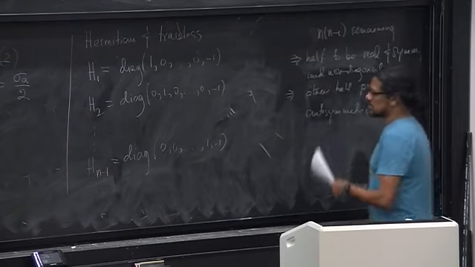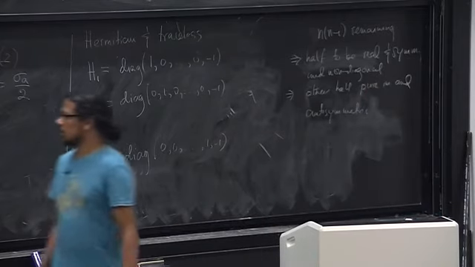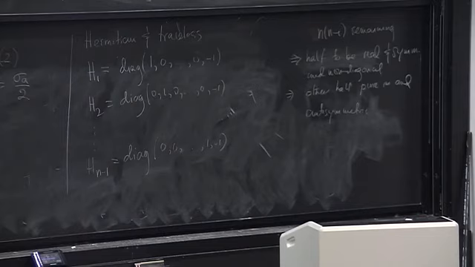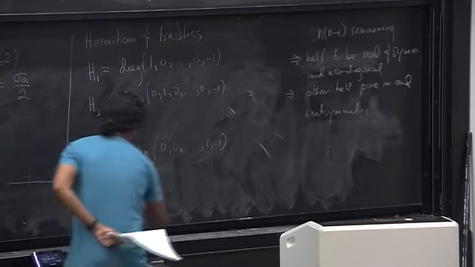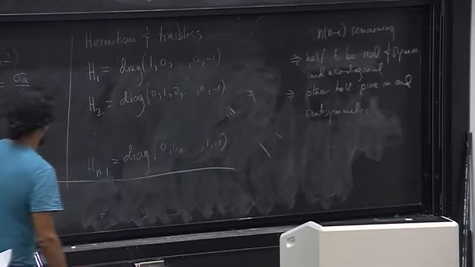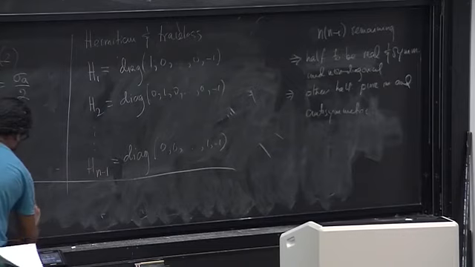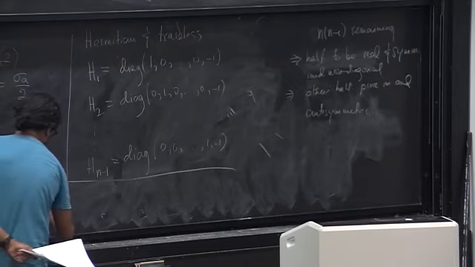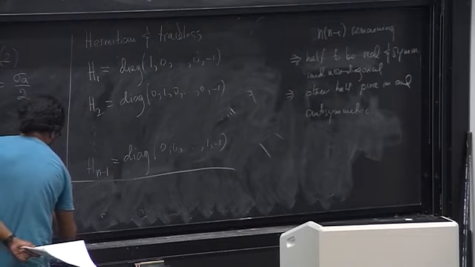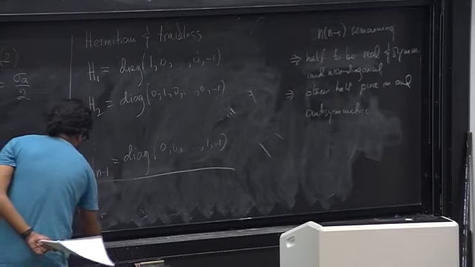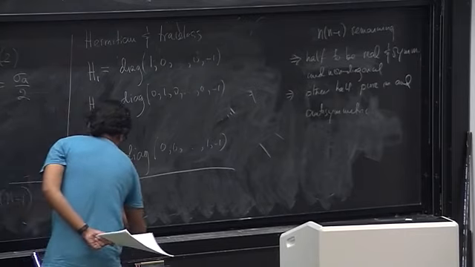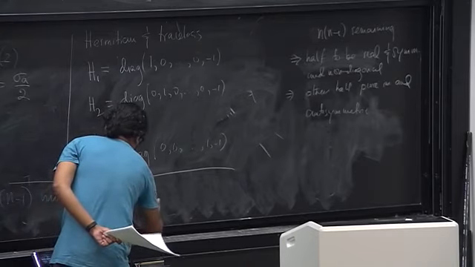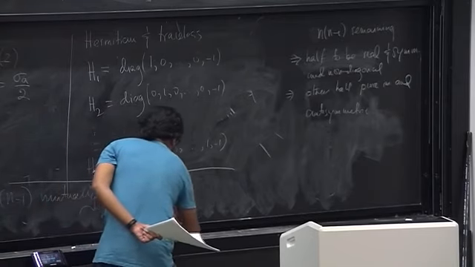I leave it as an exercise for you to work out what the other generators are. But the point here is we have n minus 1 mutually commuting generators.